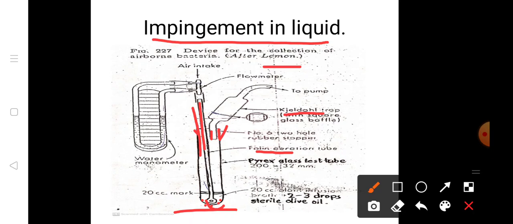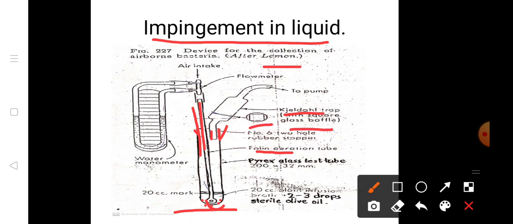In the Zelda trap, there are square glass baffles. What is the function of the square glass baffles over here? They break the clumps of aerosol. Whatever clumps are present in the biological contaminant suspended air, the baffles will break those clumps.